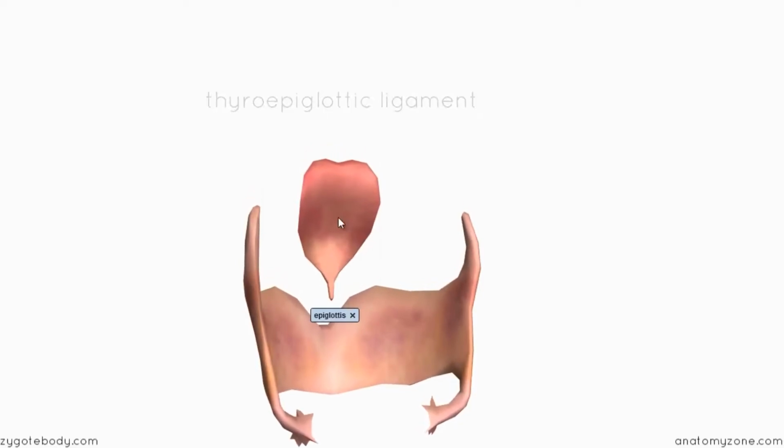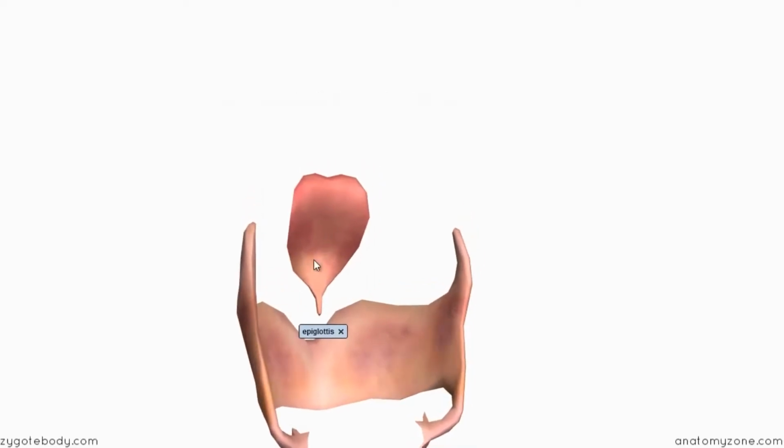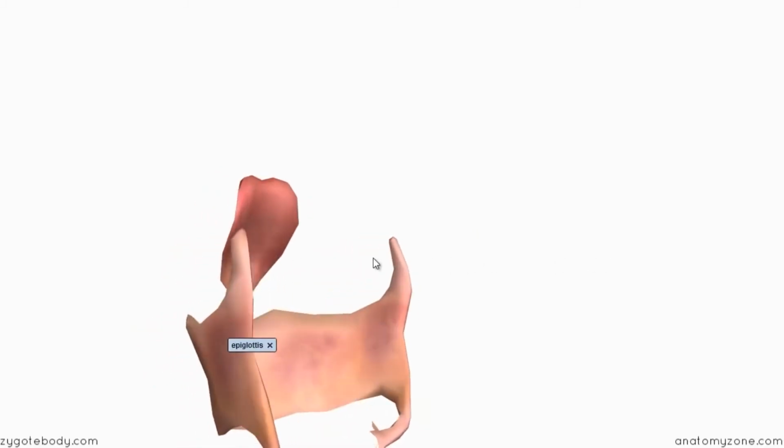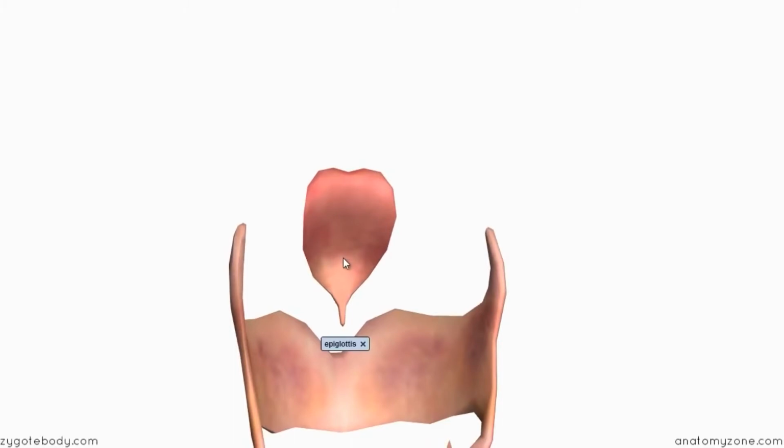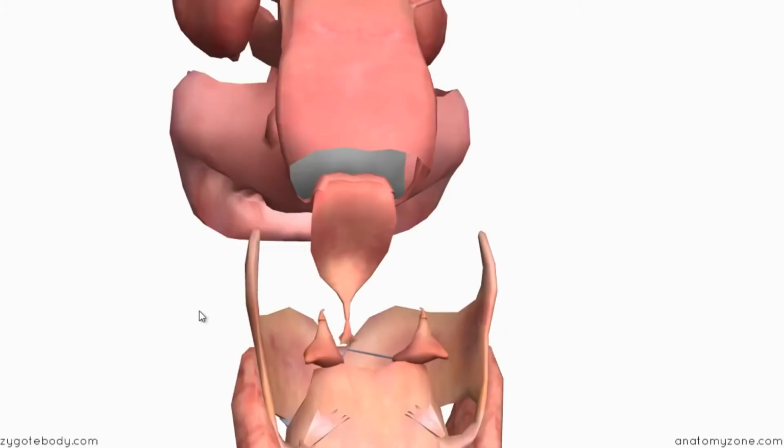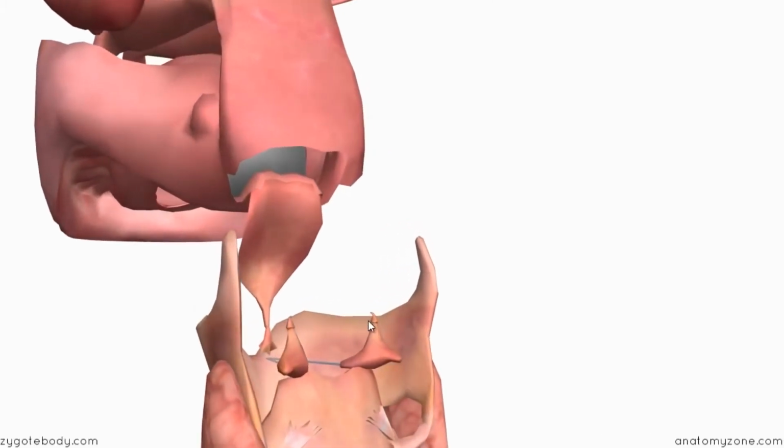Also, on the posterior surface of the epiglottis, which isn't clear on this model, we have a little tubercle which sits on the inferior half of the posterior surface. If we bring some structures back in, you can see the ligament attaching the epiglottis to the thyroid cartilage.